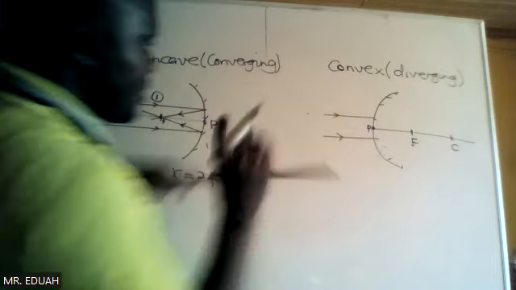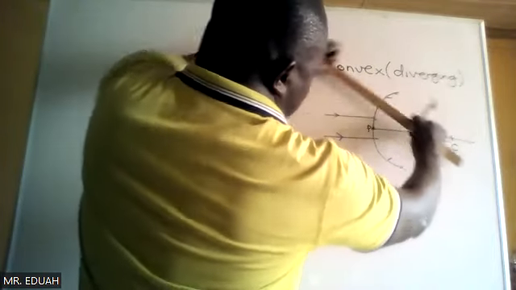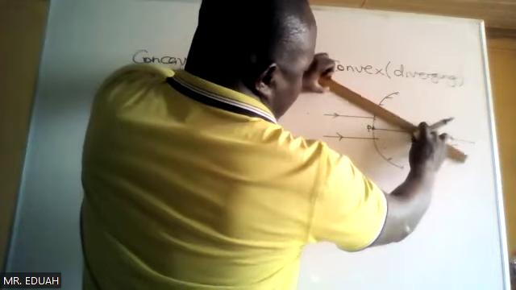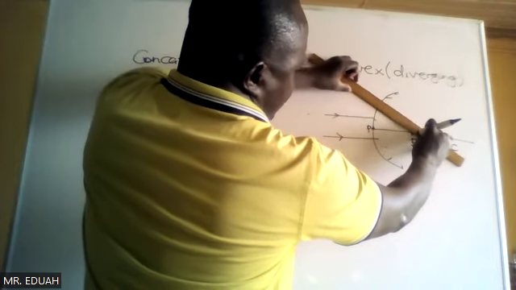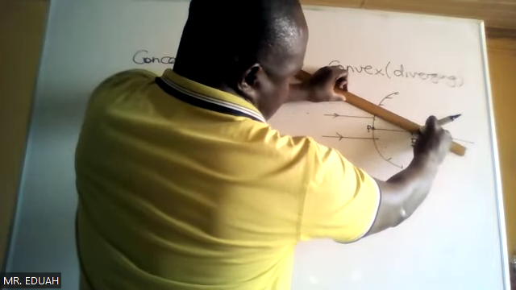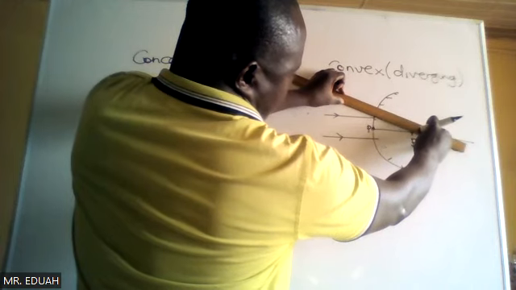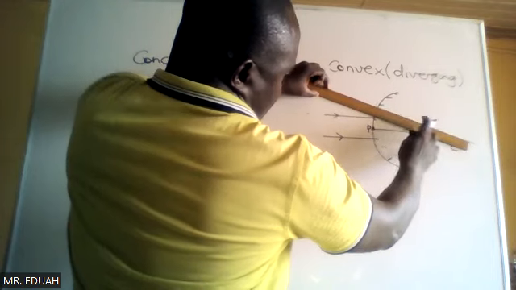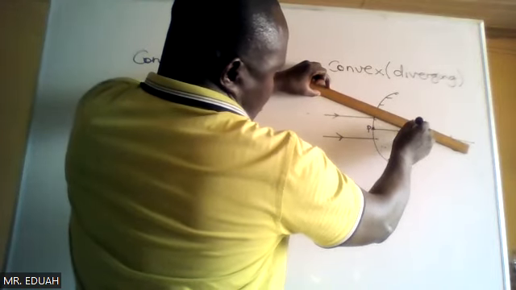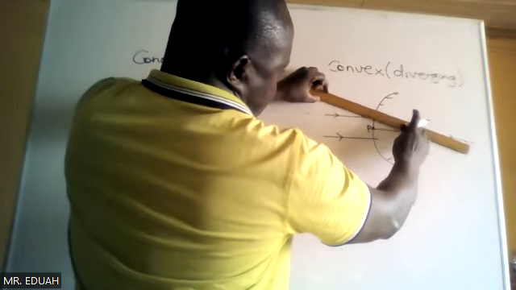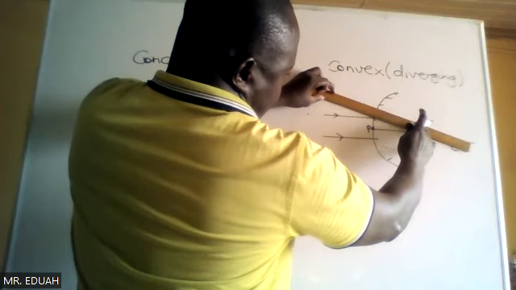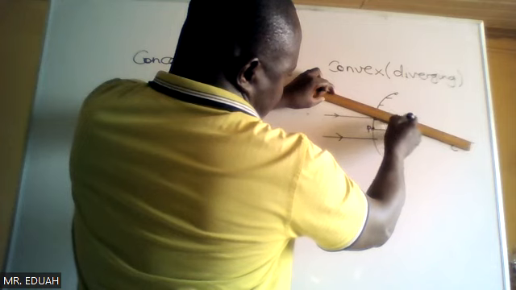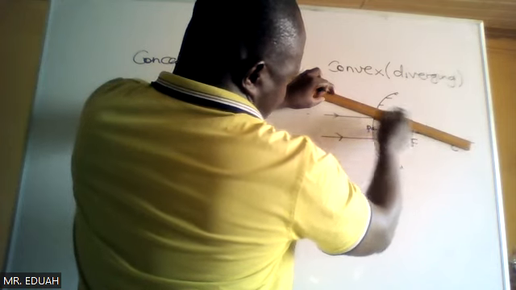So for one incident ray, this will be diverged, but the diverted ray would appear to be coming from this point, which is the principal focus. The rule is that the ray will be diverged, but it will always appear to be diverted from the principal focus.